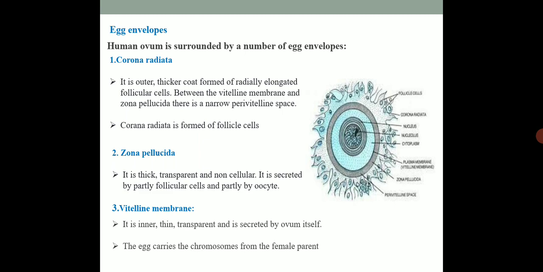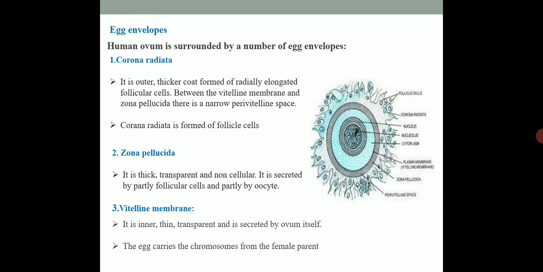Here you can see the black thick layer, which we call the zona pellucida, which is thick, transparent and non-cellular, and it is partly secreted by the follicular cells and partly by the oocyte. The third envelope is the vitelline membrane, also called the plasma membrane.